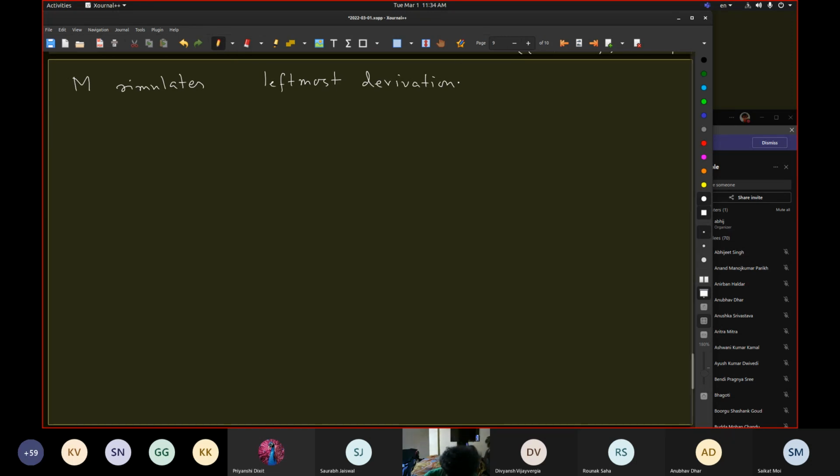Any leftmost derivation of G it can actually simulate. Okay, so let us see how it does that by looking at this example. So look at L2.